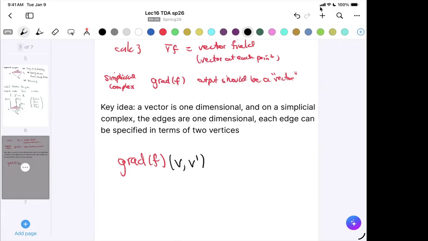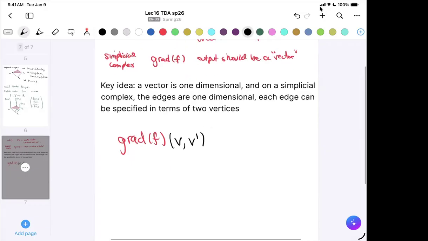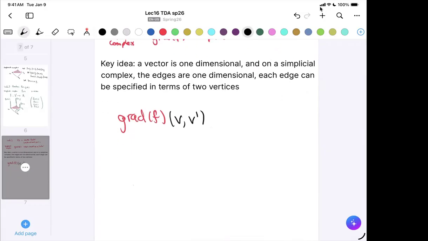So I have an edge. Think of an edge as a vector pointing from a vertex v to a vertex v prime. And at each vertex you have a value of the function, f of v and f of v prime.